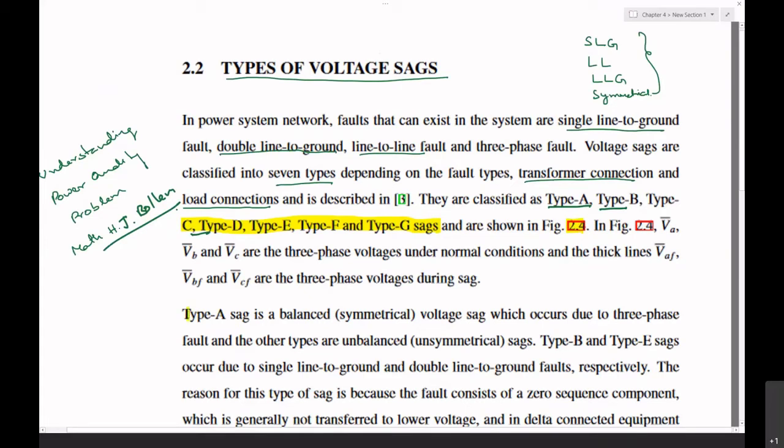Type A is a balanced symmetrical voltage sag, which occurs due to the three-phase fault. The other types are unbalanced, or unsymmetrical, sags.